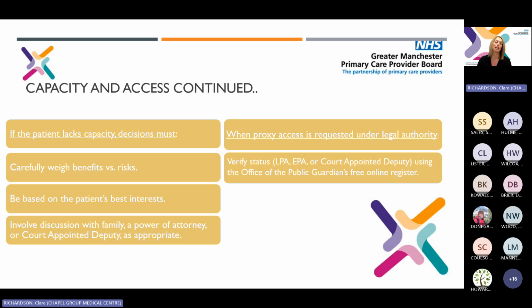So it might be doing a little bit of a search within your system to see who's coded as having an LPA in place, and then having a look through those patients to see, do they actually have capacity or not? If they're deemed to have capacity, then you'll need to go through the proxy access SOP. So you should have an SOP in place in your practice. So just be really careful with your LPAs.